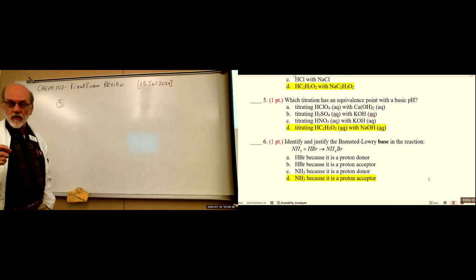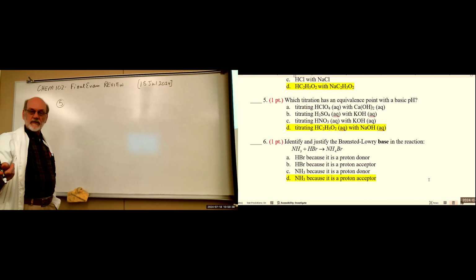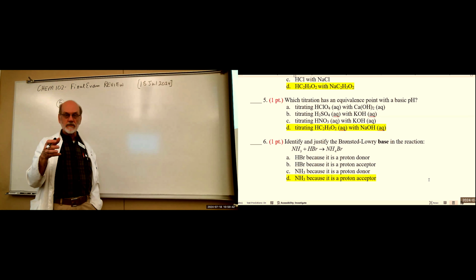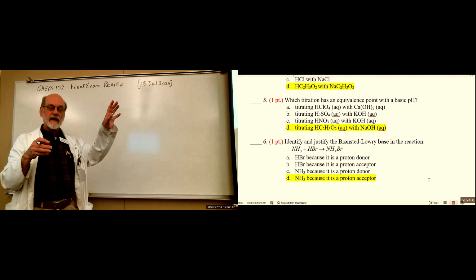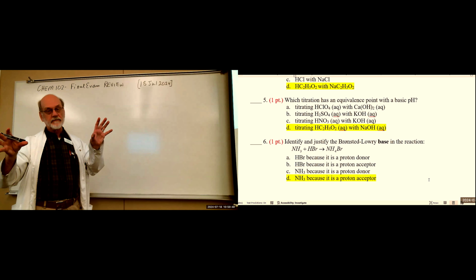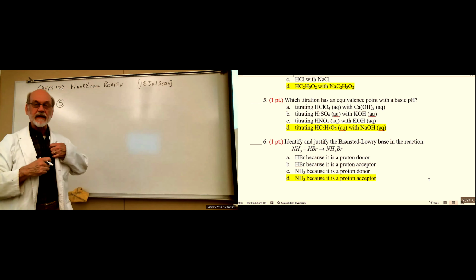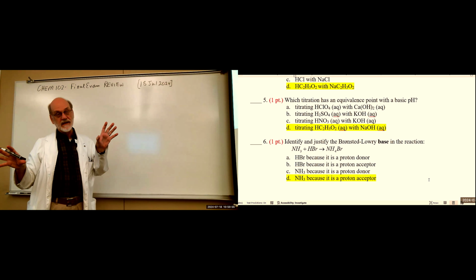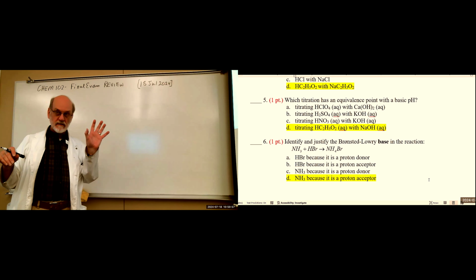So you can go back to our first question where you're trying to determine the pH of a solution. And you look at the salt, you look at where the cation came from, where the anion came from. And if the cation came from a strong base and the anion came from a weak acid, then your solution is going to be basic.